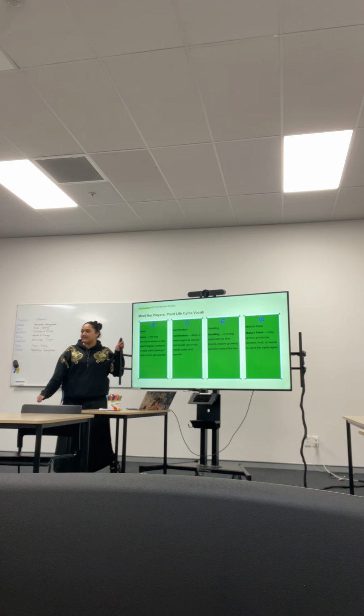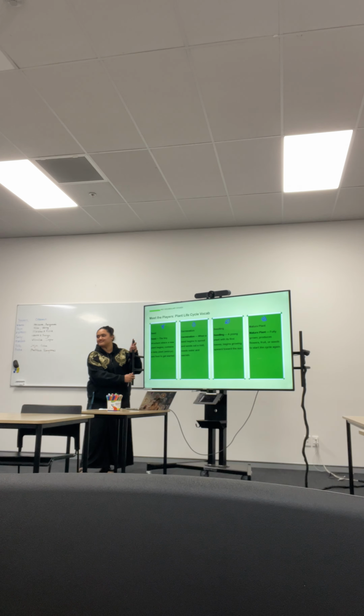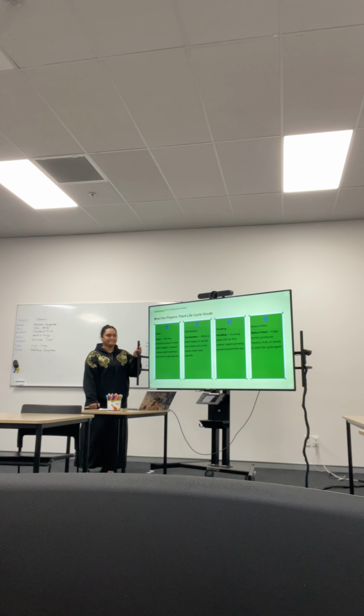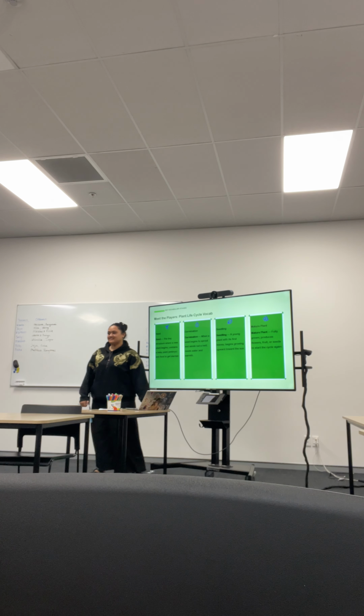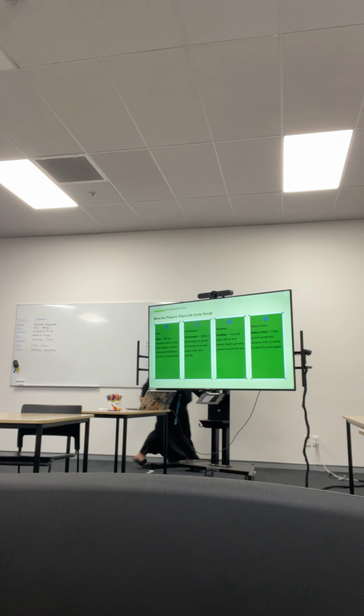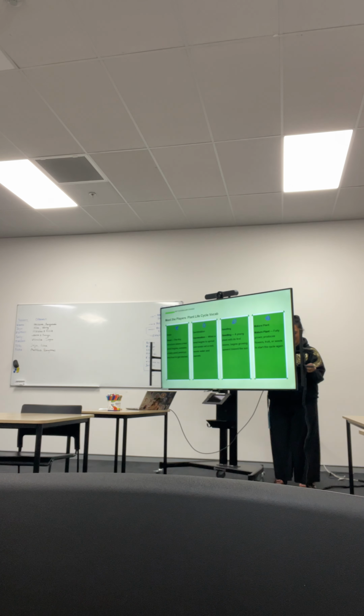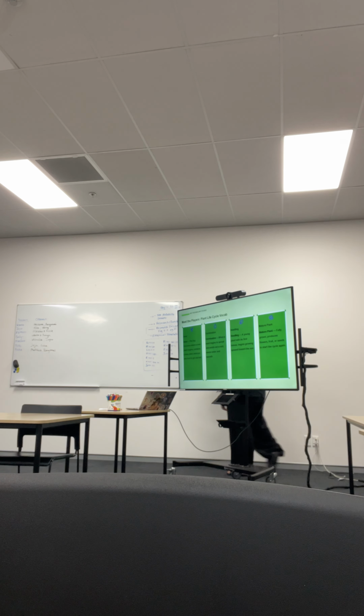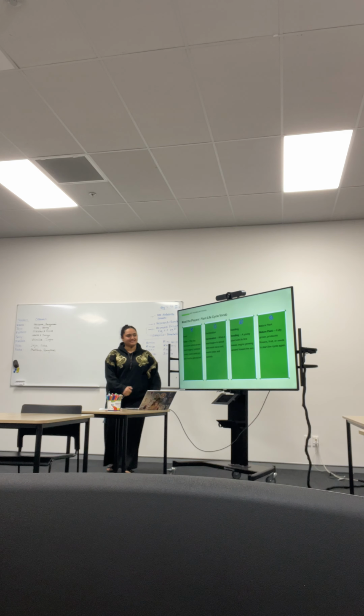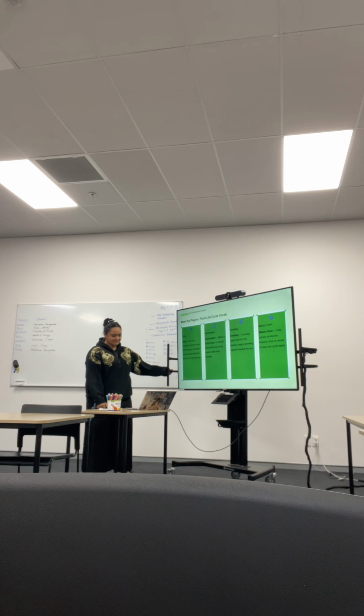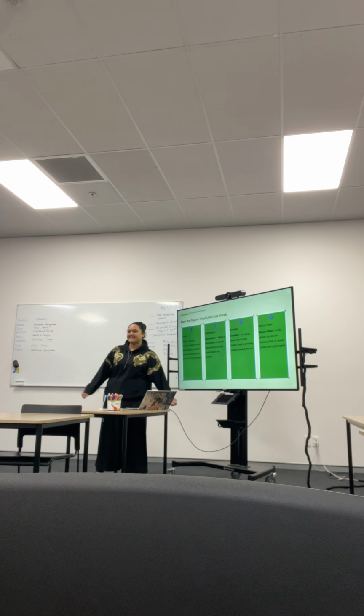And then can I get James to do the last one? Mature plant. Fully grown, produces flowers, fruit, or seeds to start the cycle again. Thank you, sweet guys.